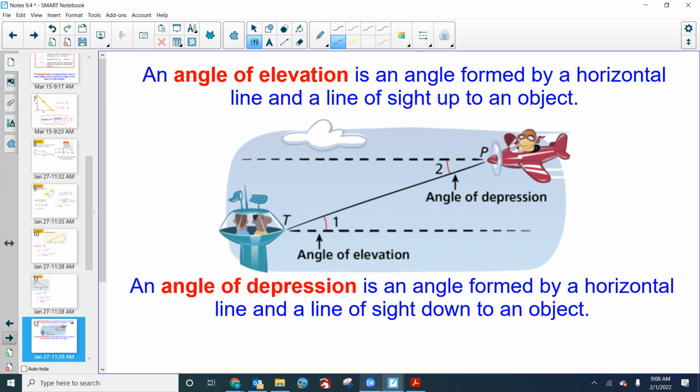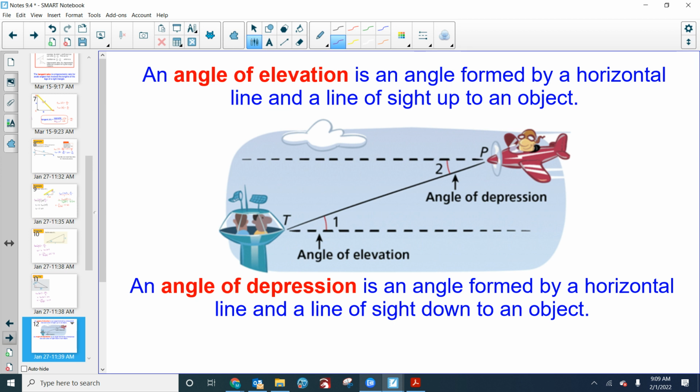Actually quite a bit. Angles of elevation are when you are standing somewhere and you look up at an object. Your eyes are elevated up to an object. Angle of elevation.